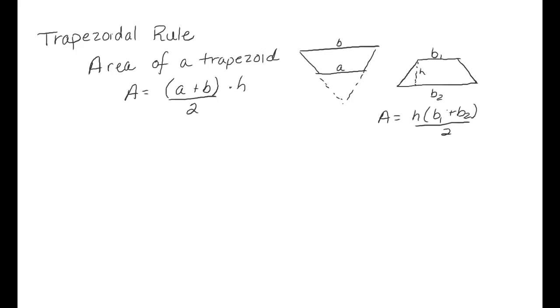And two sides must be parallel. That means every parallelogram is also a trapezoid. Every rectangle is also a trapezoid because it has two parallel sides. Every square is also a trapezoid. So it's just generalizing the picture a little bit. And that means this has to be just as good of an approximation as rectangles, but in many cases will be better.